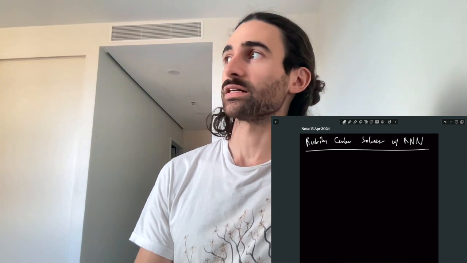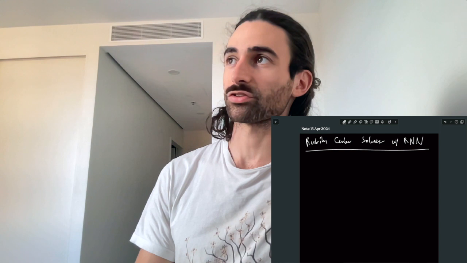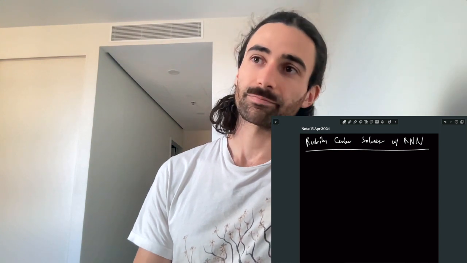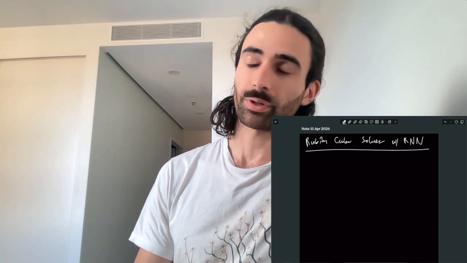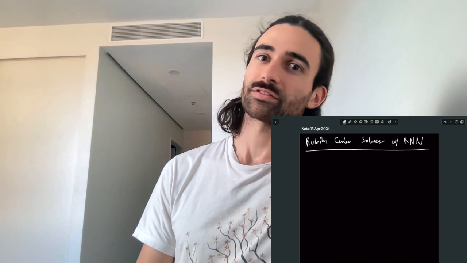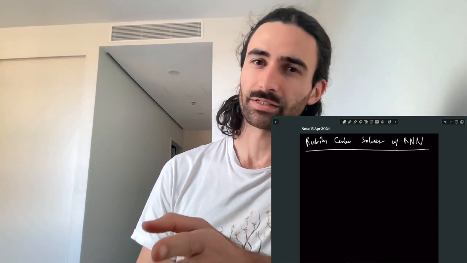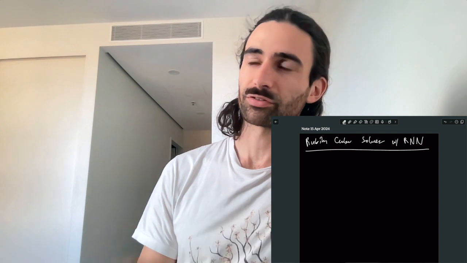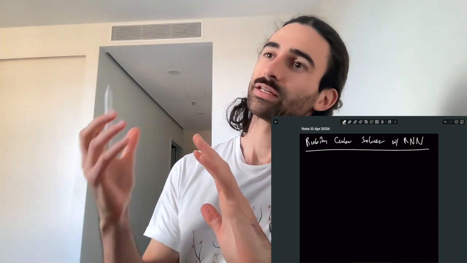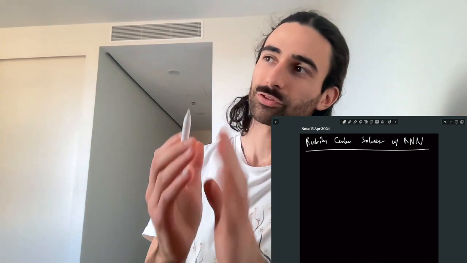If you wanted a function that just squared a number, f of x where the output is x squared, you could have a neural network that, given the input of 2, gives you 4.